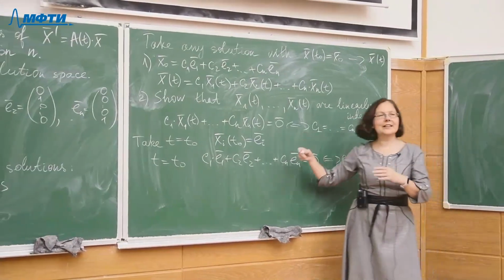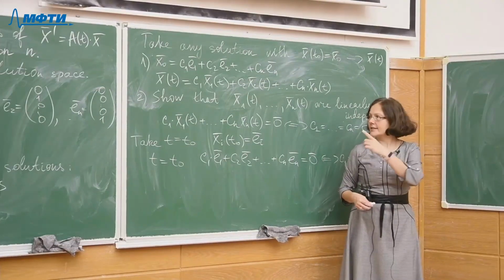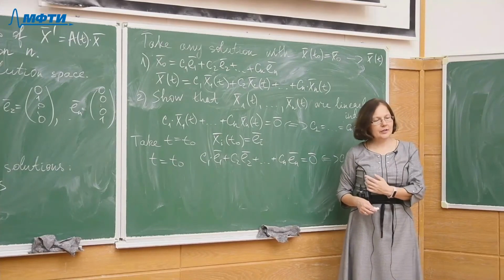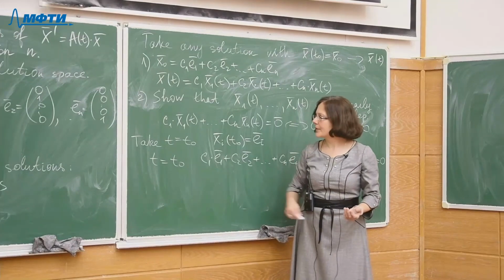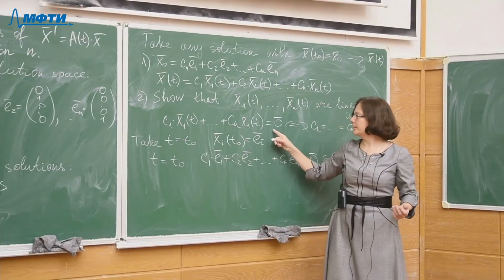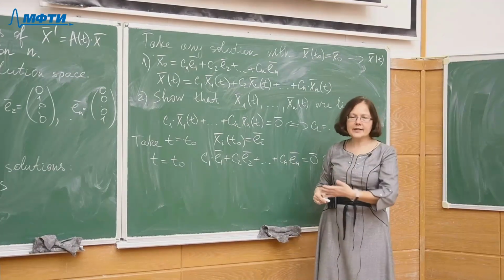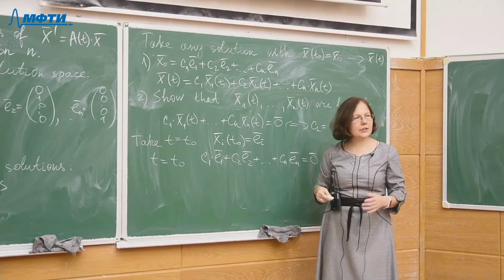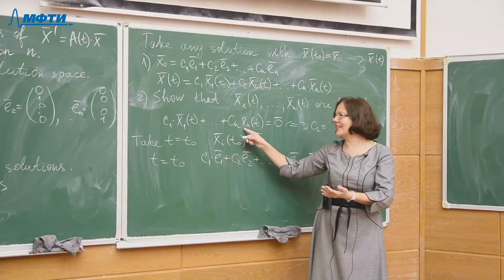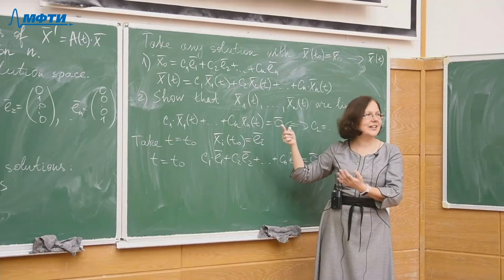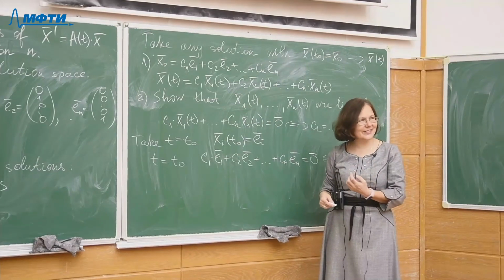They are linearly dependent if there are some numbers C1 and so on Cn, not identically 0, such that this linear combination is equal to the 0 vector for any t. So they are linearly independent if there exists t such that it is not satisfied. So there exists t, not for any t.